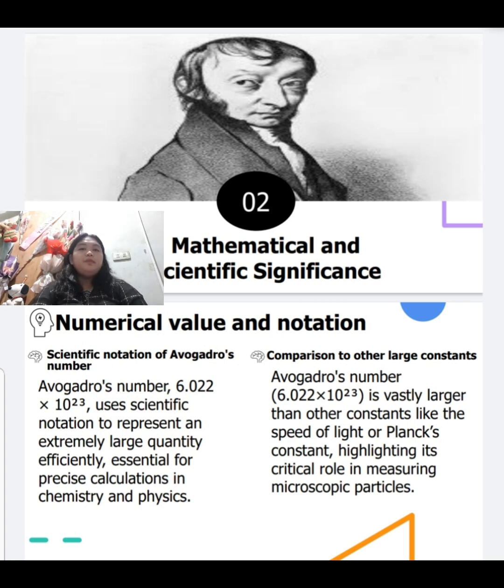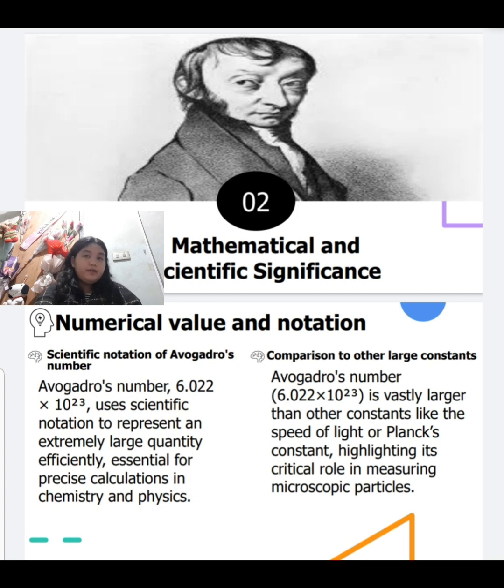So, numerical value and the notation. The Avogadro's number is 6.022 times 10 raised to the power of 23. They use the scientific notation to represent this extremely large quantity efficiently, essential for precise calculation in chemistry and physics.